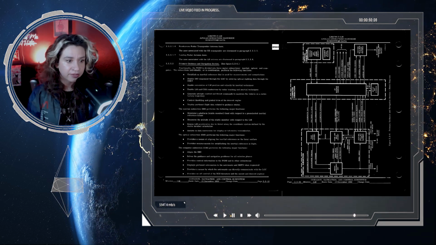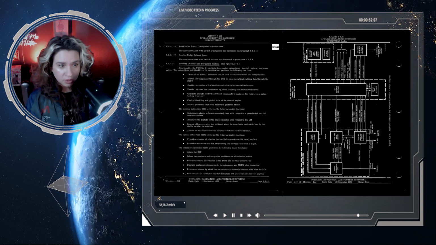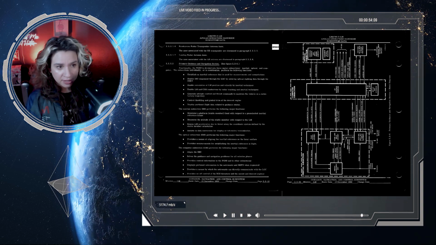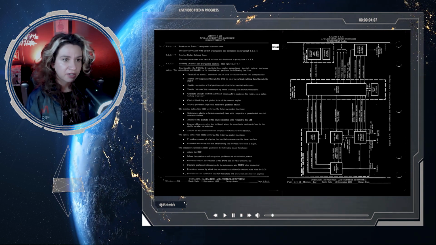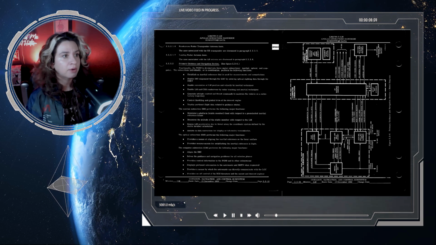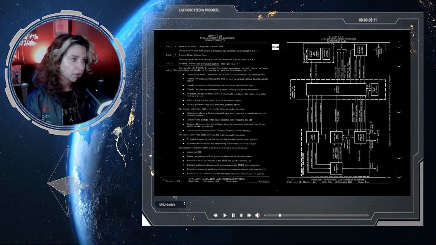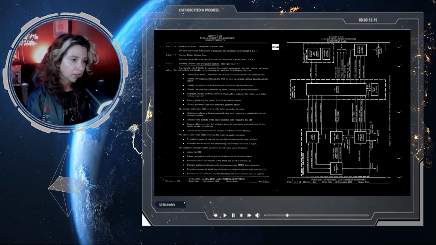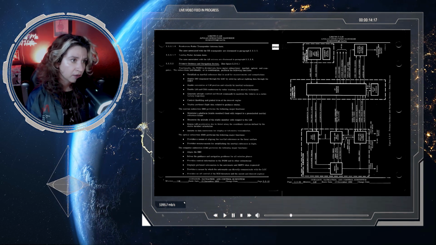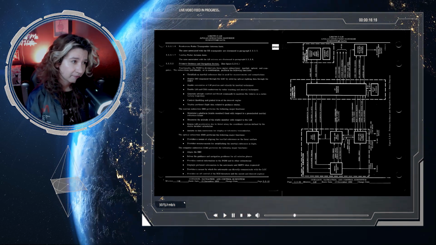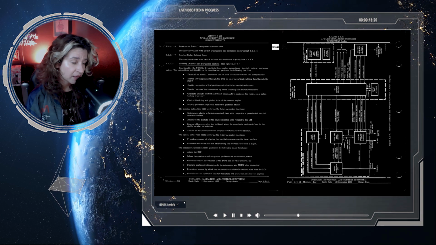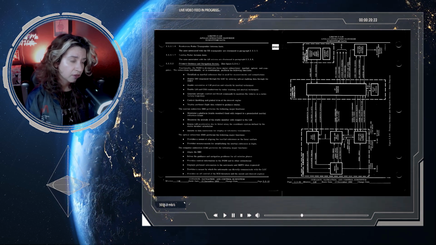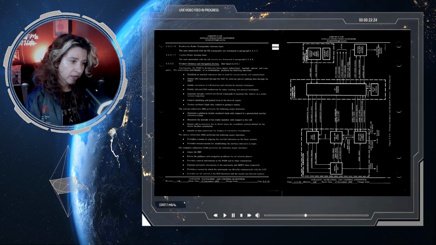And then here we have figure 2.2-8, which is the primary guidance and navigation section. This is the block diagram that will show you the computer subsection and how each subsection basically functions and what functions it performs. So let's see what we have here.